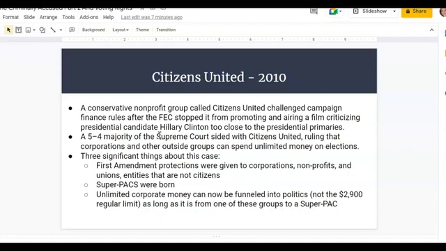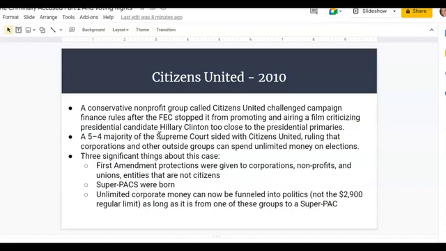But the thing that a lot of people didn't agree with is they said that First Amendment protections and guarantees were provided to corporations, nonprofit groups, and unions when it comes to how much money they can contribute to individual campaigns.